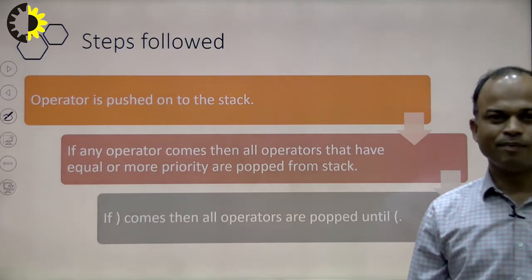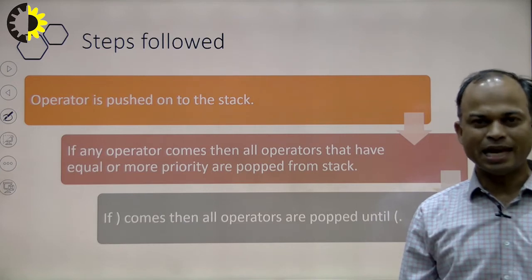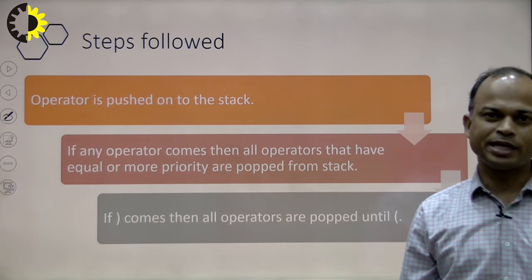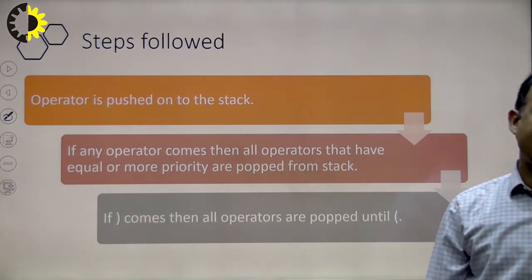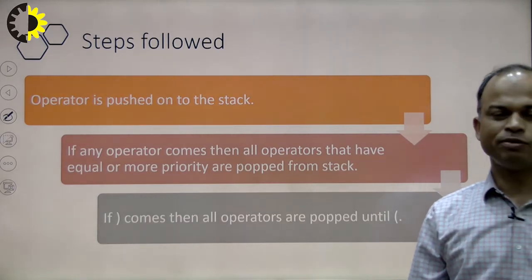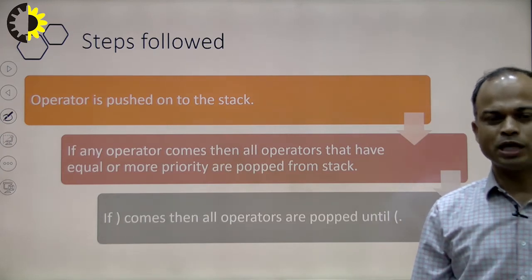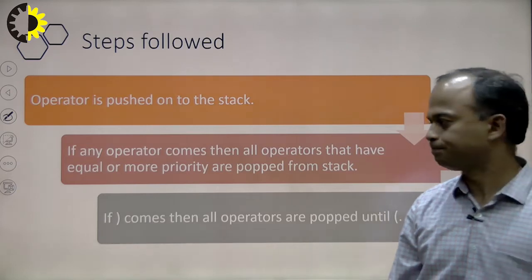I mean, whatever operators we have pushed onto the stack are popped from the stack. The reason is that higher priority operators execute first, so we need to pop these operators from the stack. And the third important rule is, if a right parenthesis comes, then all operators are popped until the left parenthesis.